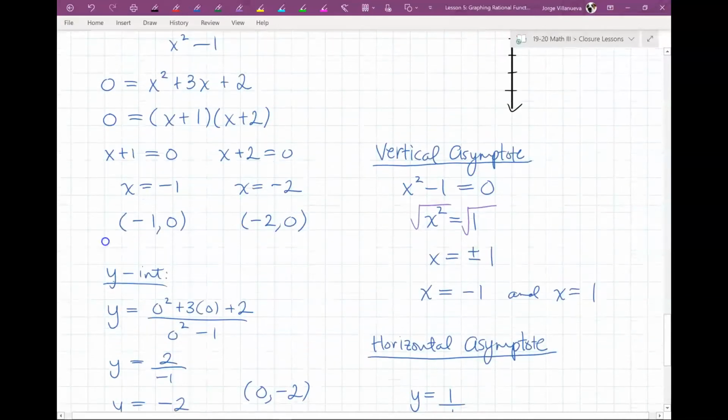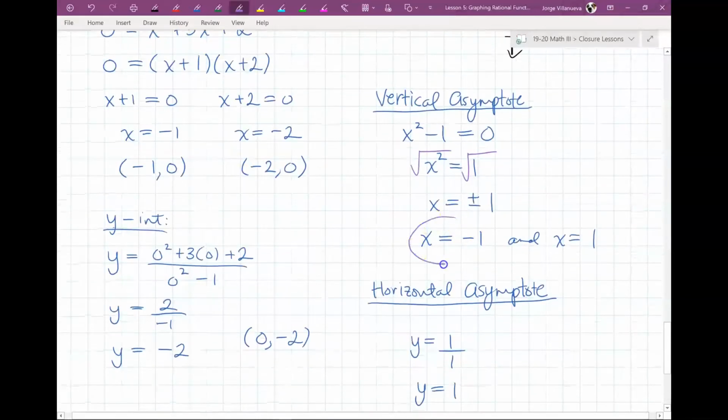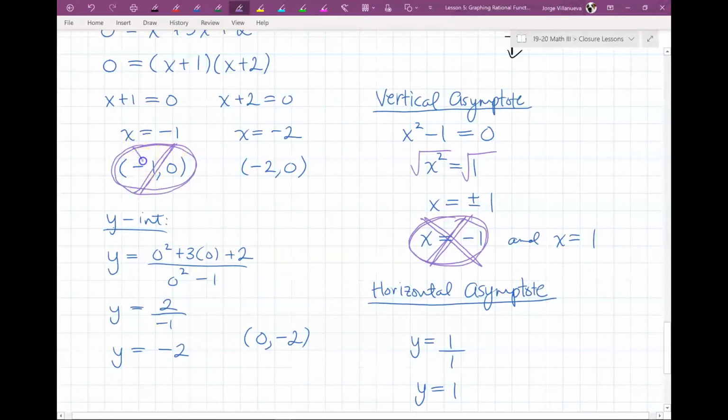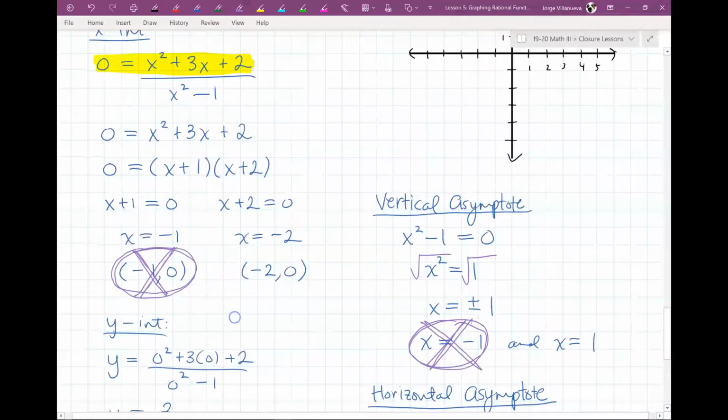So when you see this, the vertical asymptote there cannot occur. Not only can that not occur, x cannot be -1, which means this point cannot occur. All right, so how do I draw this graphically?